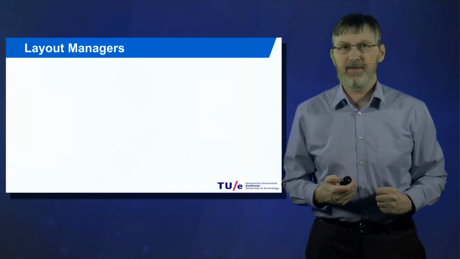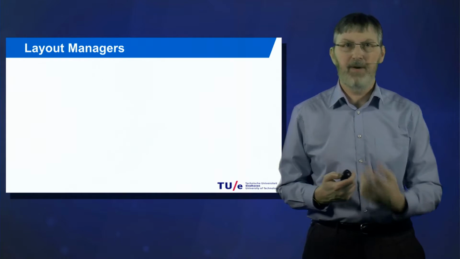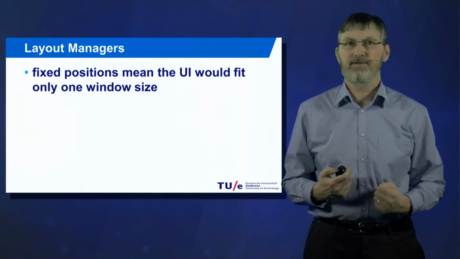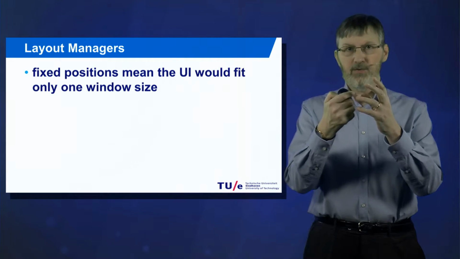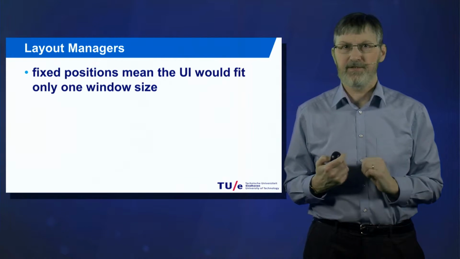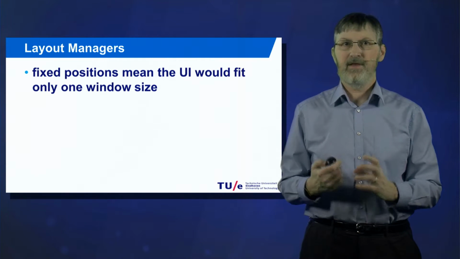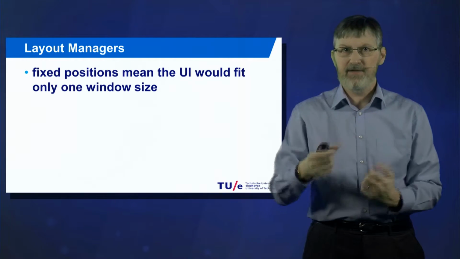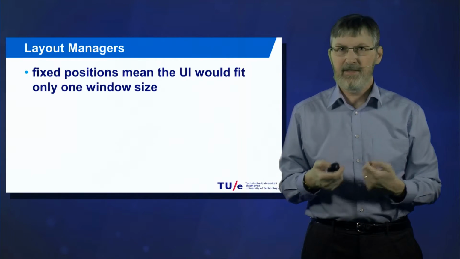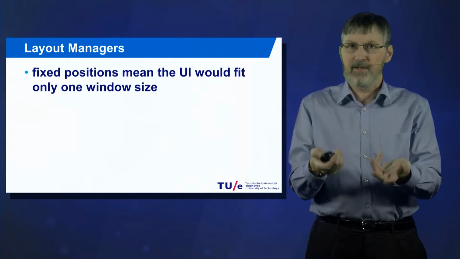When we design an application, we need to place buttons and other widgets somewhere inside the window. You can use fixed positions, but that means that you are already assuming a fixed window size, so that when you place a button, it will actually be visible.